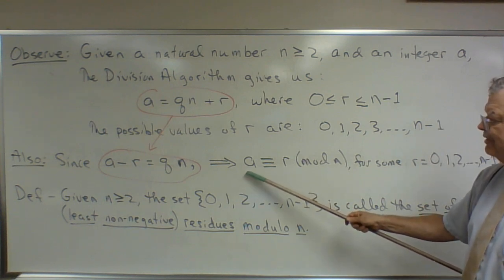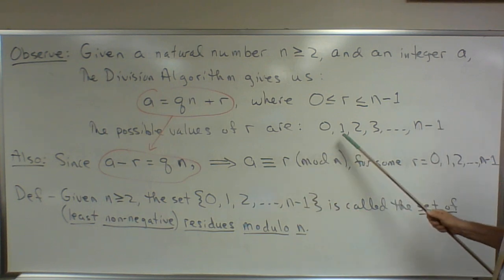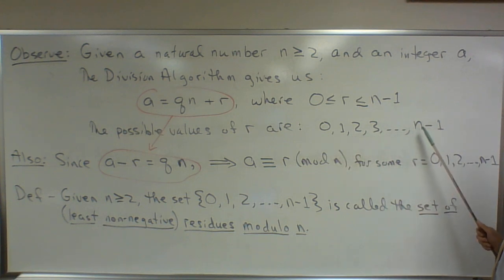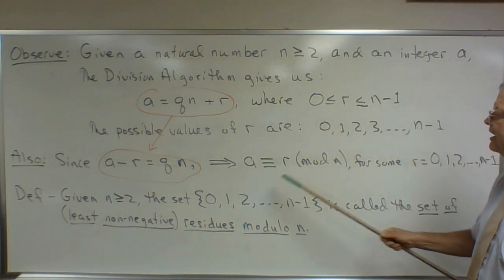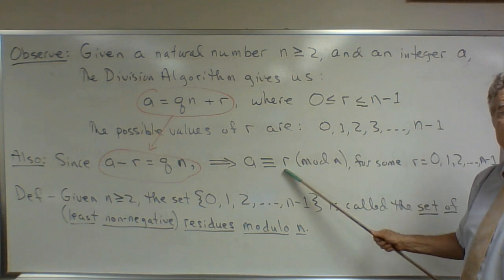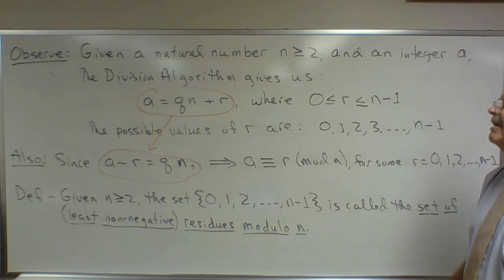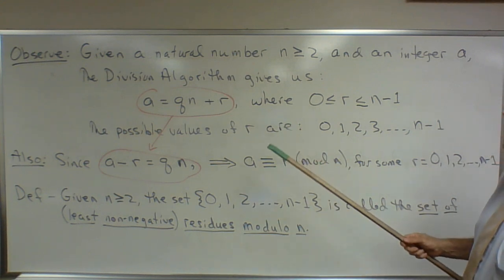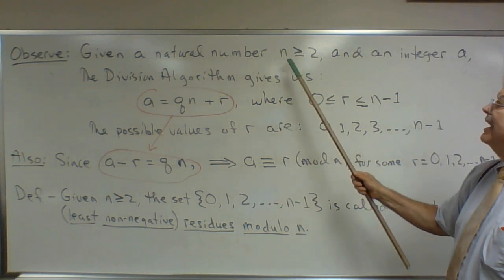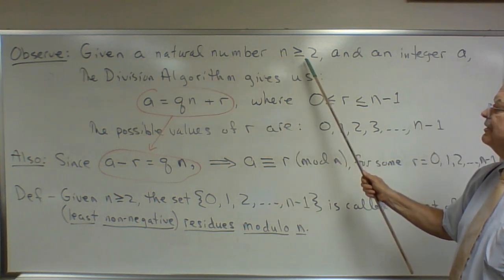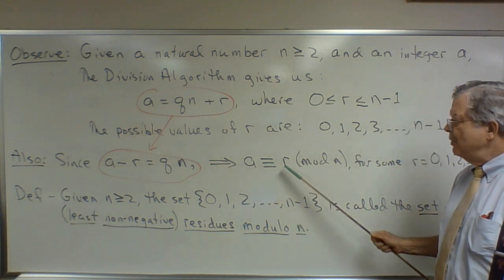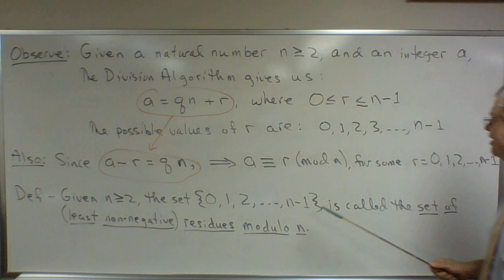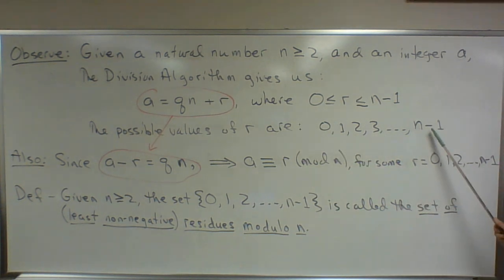A is congruent to exactly one of these numbers between 0 and n minus 1. And the number between 0 and n minus 1 that a is congruent to is unique. So given a natural number n greater than or equal to 2, a is congruent to exactly one number between 0 and n minus 1.